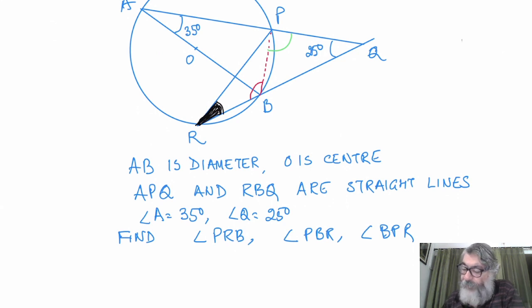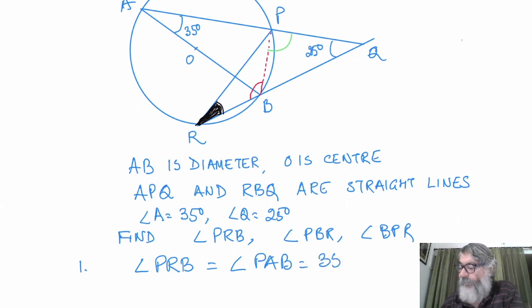Angle PRB will be equal to angle PAB, which is 35 degrees, same segment. The property we are using is angles in the same segment of a circle are equal.